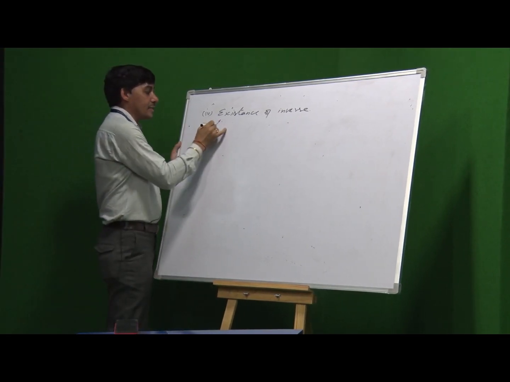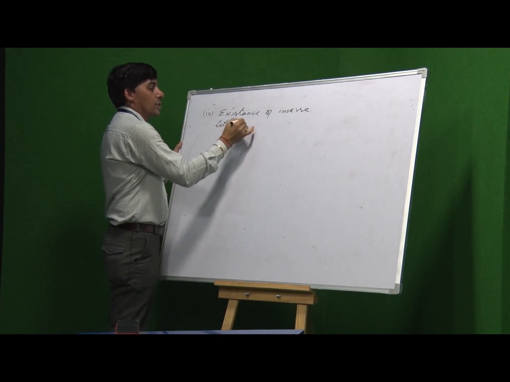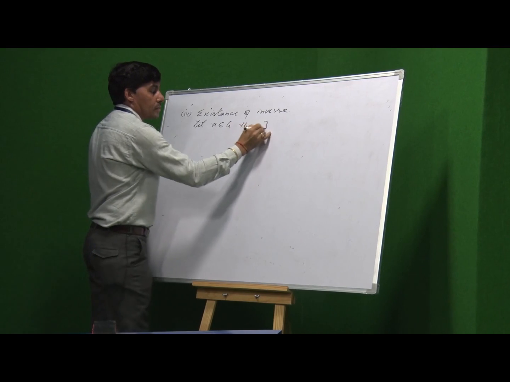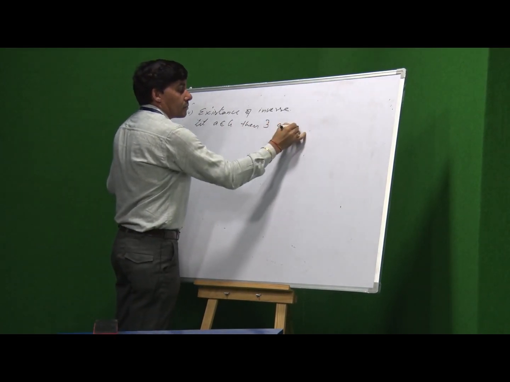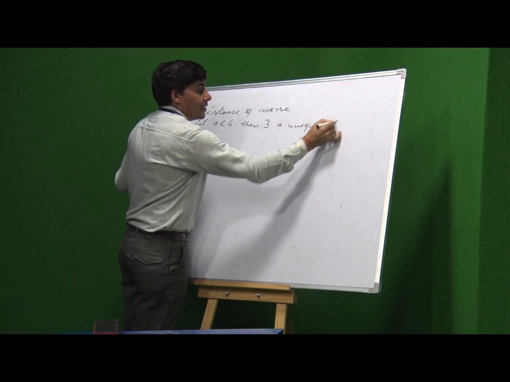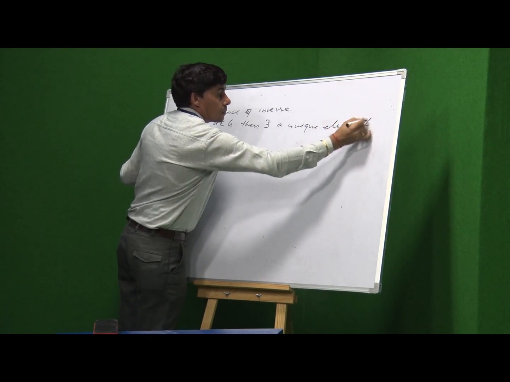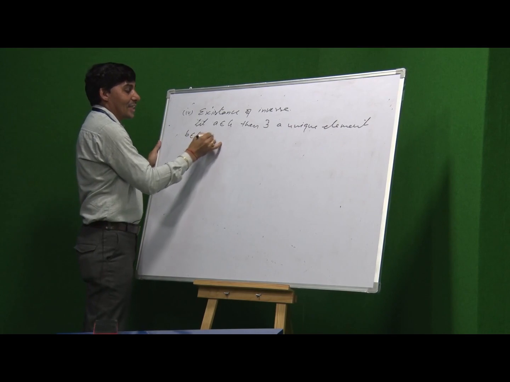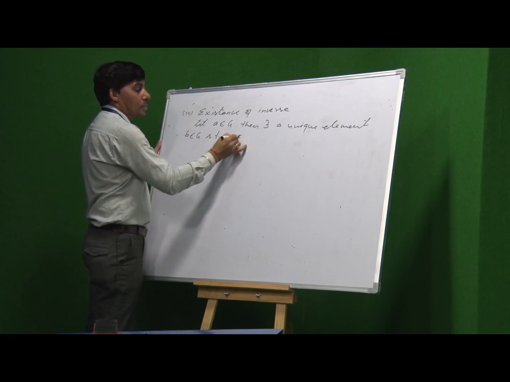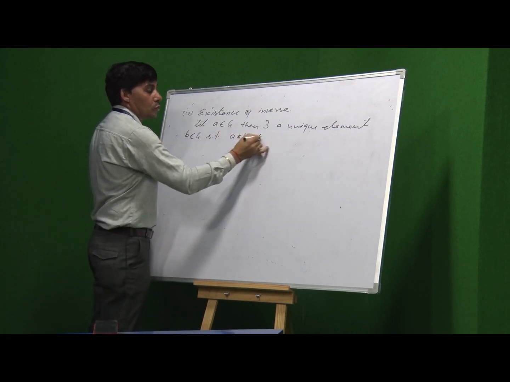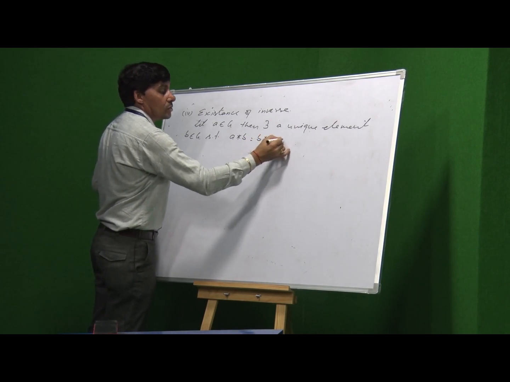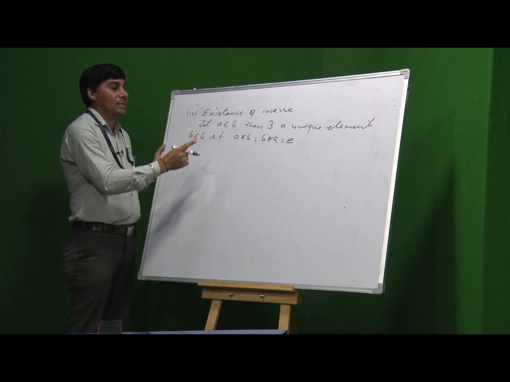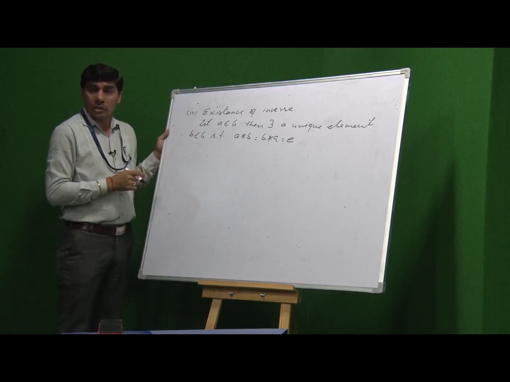For example, let a belong to G, then there exists a unique element b belonging to G such that a star b is equal to b star a is equal to e, where e is the identity element of the group G.